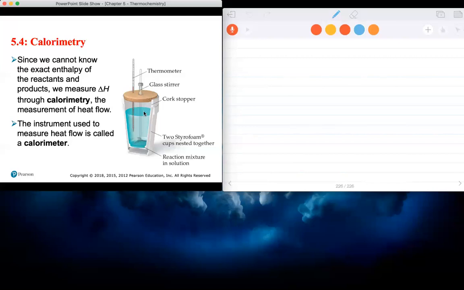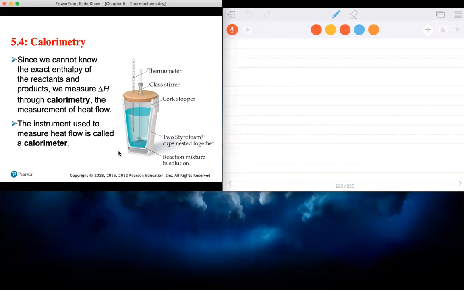The stirrer is to mix the solution so that it will have uniform temperature throughout. The calorimeter includes the temperature measurement, the thermometer, the stirrer, and so on. If the reaction is exothermic, it will give away heat and the temperature will rise. If the reaction is endothermic, the temperature will drop and you will see a decrease in temperature.